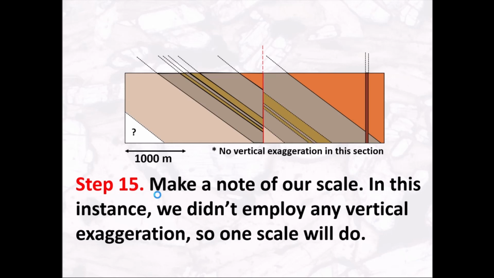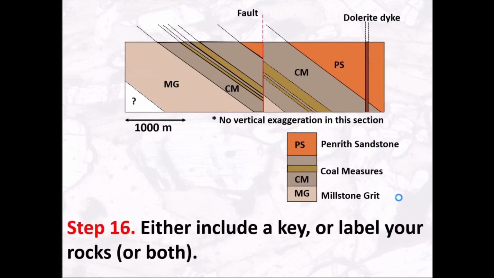I've just told a little white lie and said that the beds are dipping at 35 degrees, but I haven't stretched anything. I've just flat out lied just to prove a point. So we can either just use a single scale or say explicitly that there's no vertical exaggeration. Then what I should do is include a column or a key and then label my rocks accordingly.